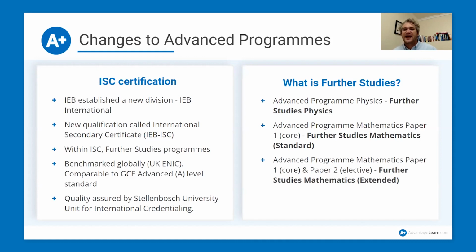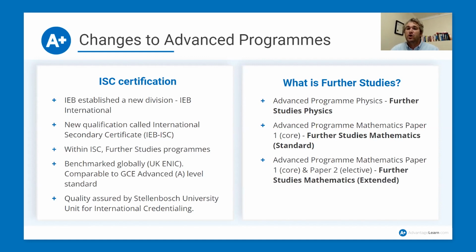So a standard certificate, in the past, all learners taking advanced program mathematics had to write 2 papers, paper 1 and paper 2, where paper 1 was the core domains, calculus and algebra, and paper 2 was one of the elective domains, which is either statistics, graph theory and matrices, or finance and modeling. And learners would have to pass both of those papers with an aggregate of over 40% to achieve an advanced program certificate.